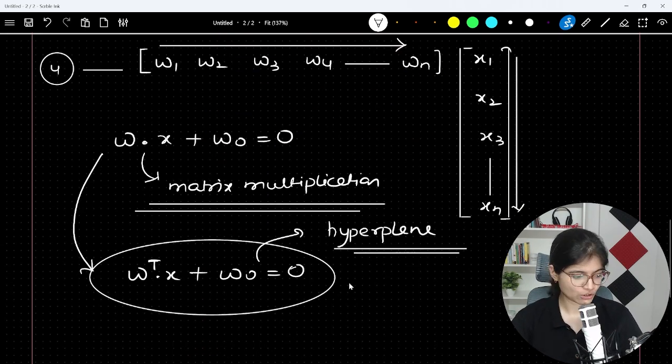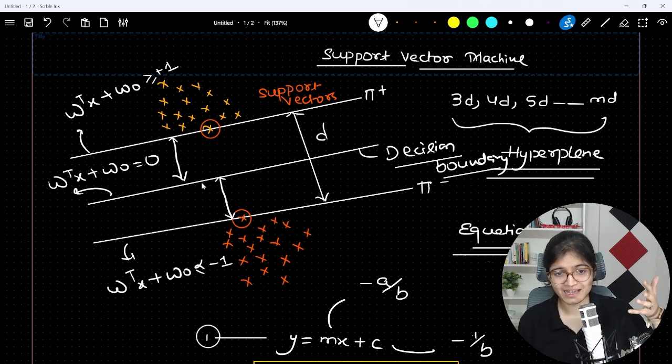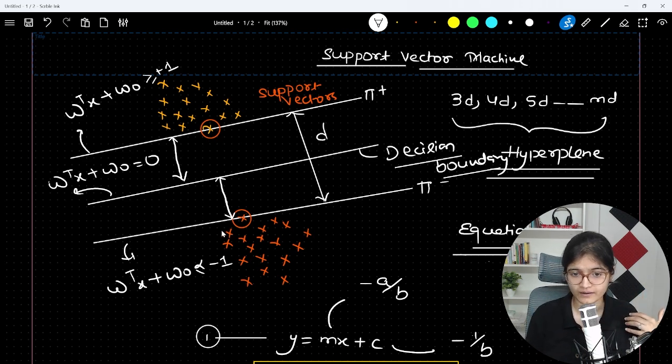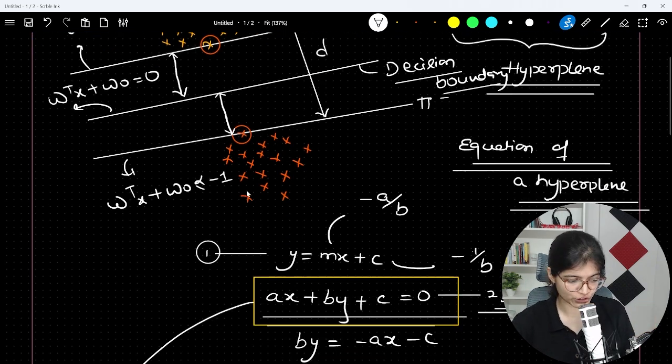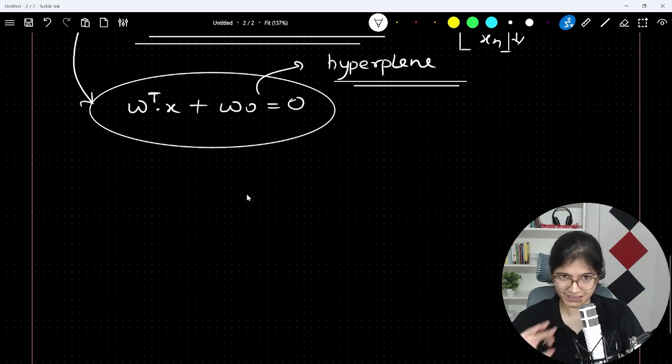So this is the equation of a hyperplane, first of all, which we will get. Now, let's say our data point has w transpose x plus w naught bigger than or equal to 0. It means that the point lies above, in the positive class. And if it is less than that value, the point lies below, in the negative class, right? I'll showcase this visually, but let me first write it down.